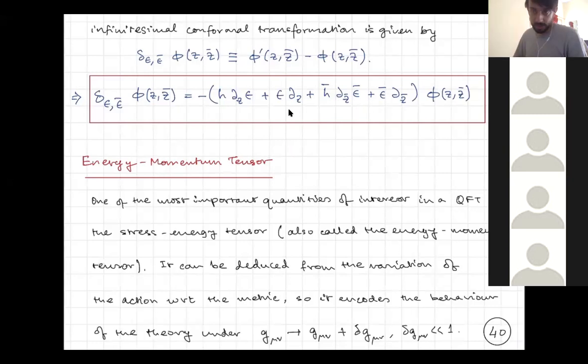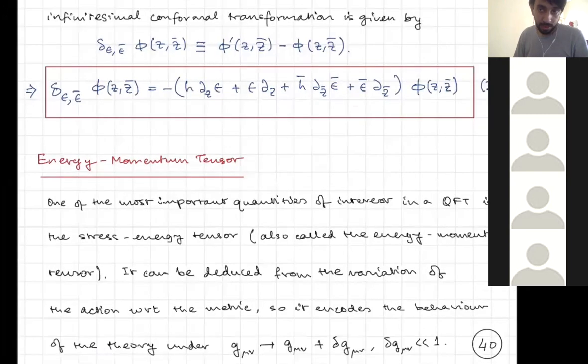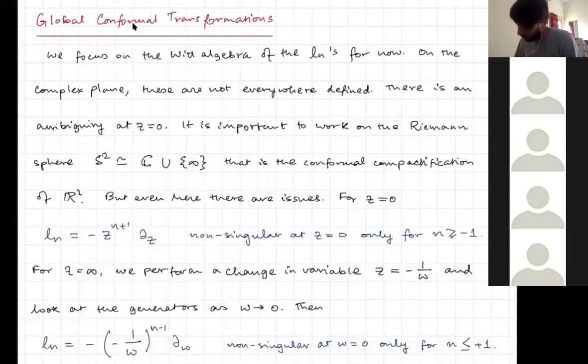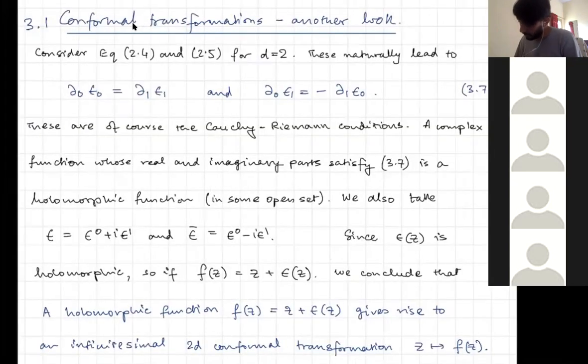Okay, so let's just quickly go over what we did last time around. We started off by looking at these conformal transformations once more, and we discovered that if we look at the two-dimensional version of our earlier equations, 2.4 and 2.5, then we end up with the Cauchy-Riemann conditions.